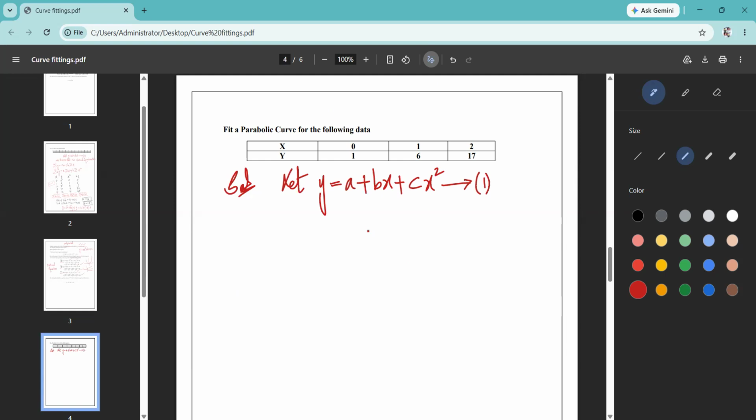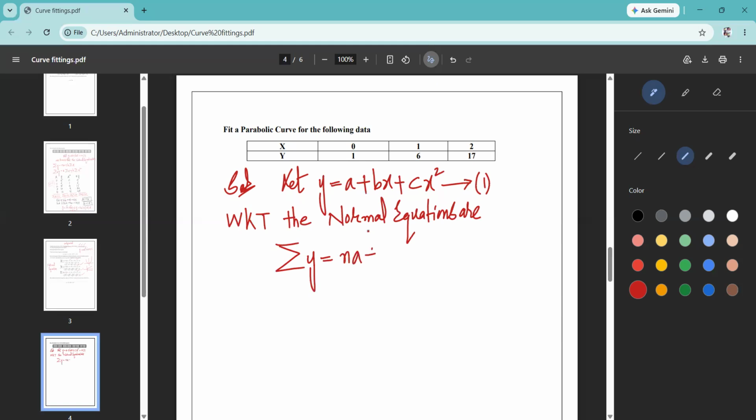After that, we write the normal equations. We know the normal equations are, as I said you have to memorize: summation y is equal to na plus b summation x plus c summation x square.